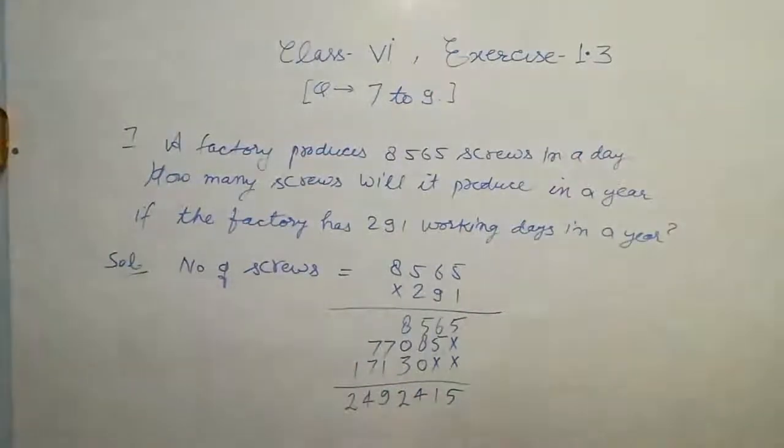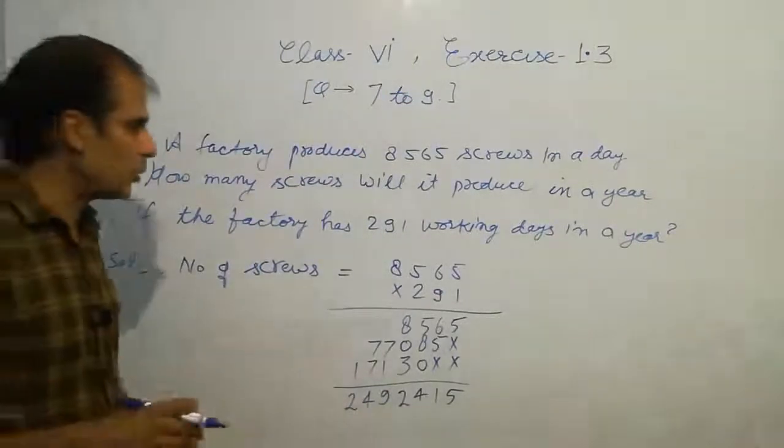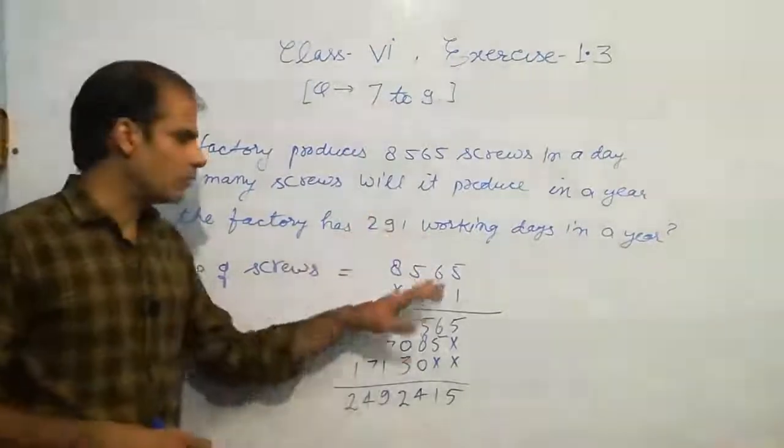So the answer is 24,92,415. Okay, so we check the answer. Question number 7 of exercise 1.3, answer is 2492415. Okay, a very big amount is there, but don't worry, be careful when you multiply.